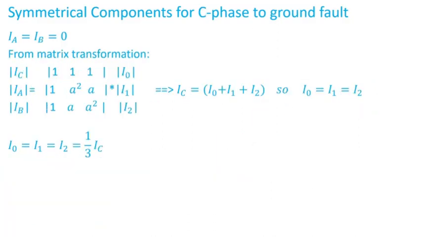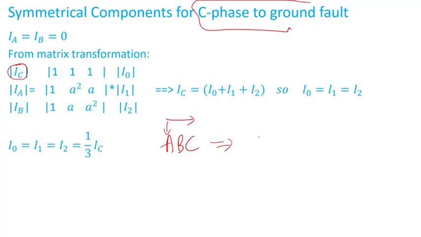Now I can do the same thing for phase C if I have a phase C to ground fault. Again, I just have to start with the faulted phase as the first, but keep in mind the same rotation because it's ABC. If I start from A, I go A, B, C, in this direction. If I start with B, then C, A. I'm keeping the same order.